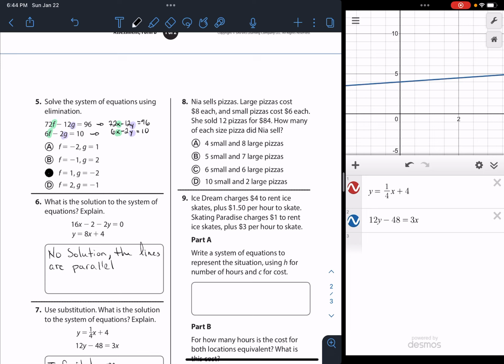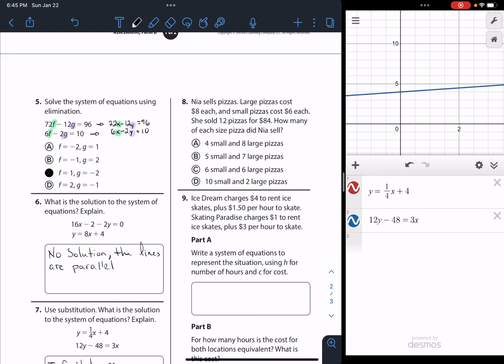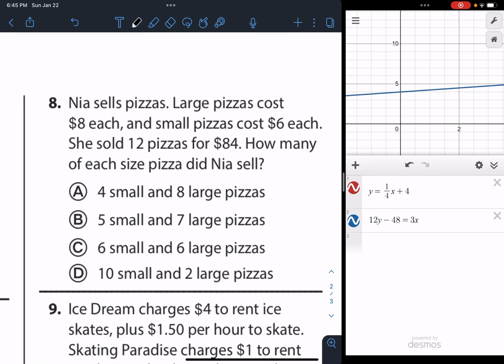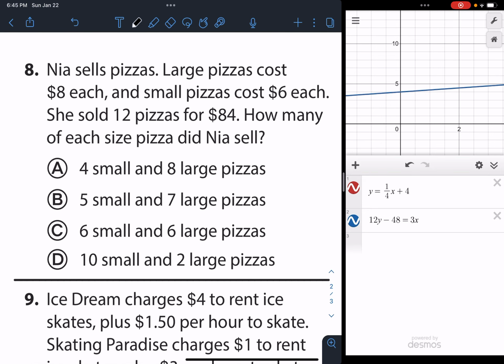So let's let our small pizzas represent x. Let me zoom in here. We'll let small pizzas represent letter x, and we'll let the large pizzas represent letter y.